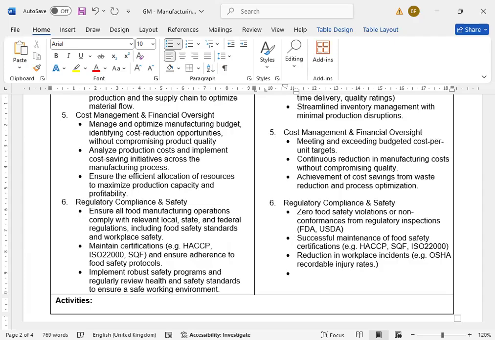Okay, what else? This is also important: high audit scores. No violations, no issues from health and safety inspections.